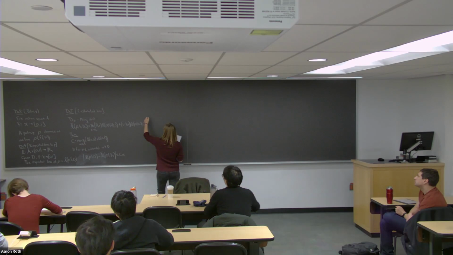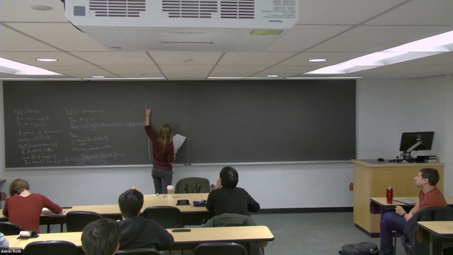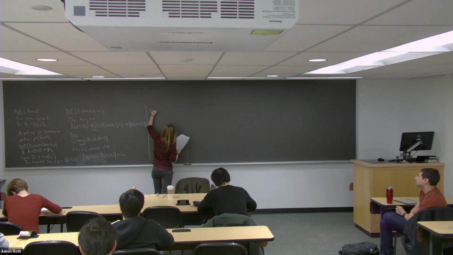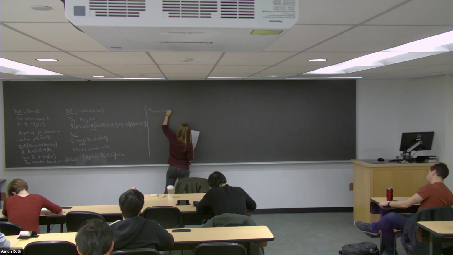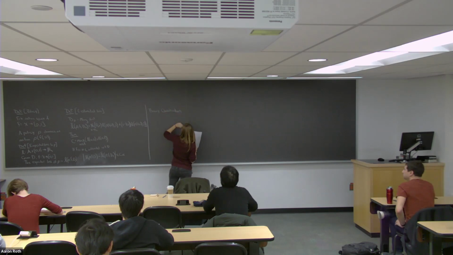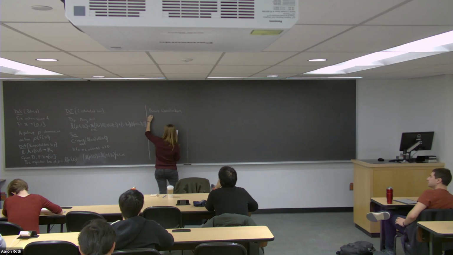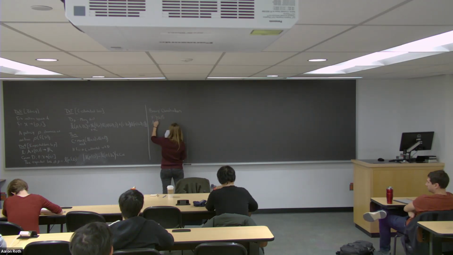Cool. So we're going to talk about binary classification. For those who aren't familiar, the setup is pretty simple. We have a label space that is, as you might guess, binary, so we have 0, 1 labels. And our action space in this case is also going to be binary.